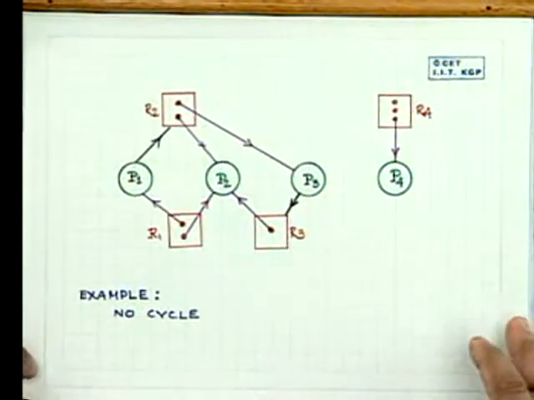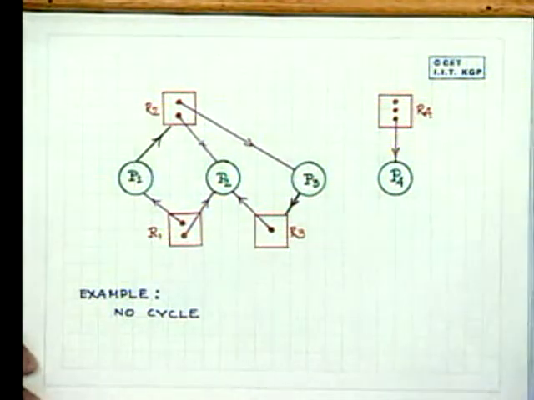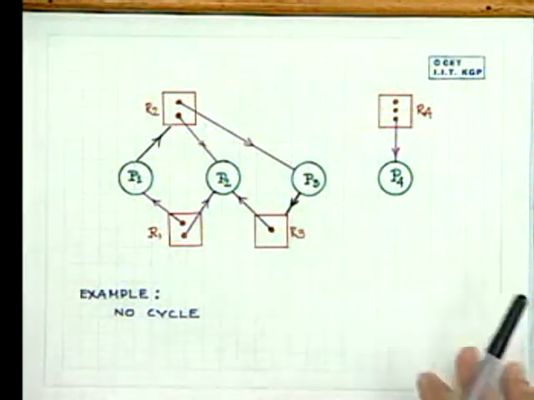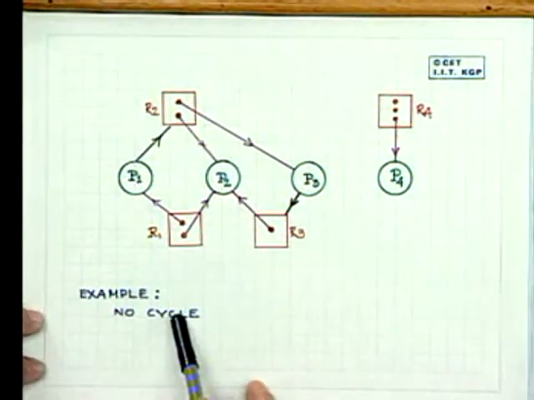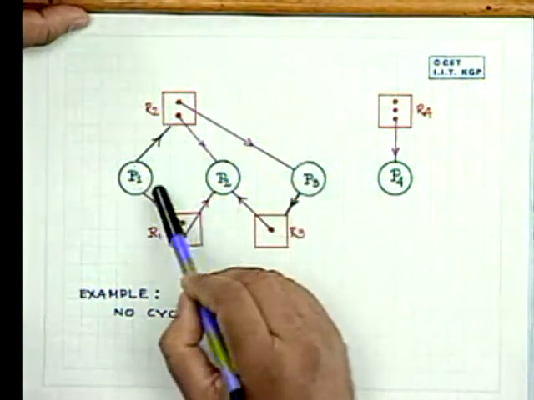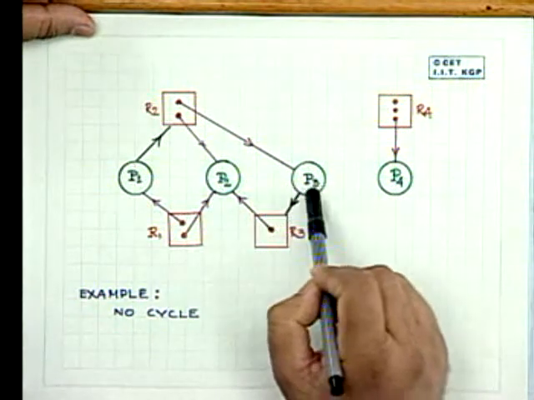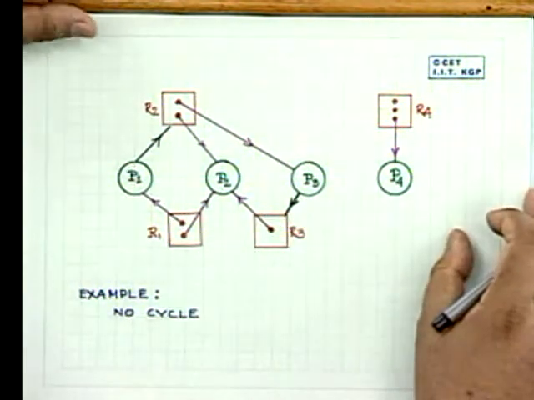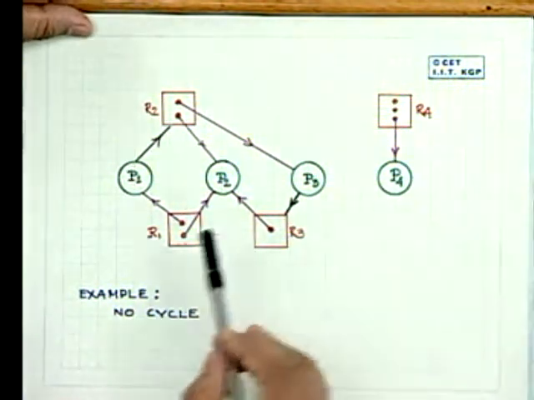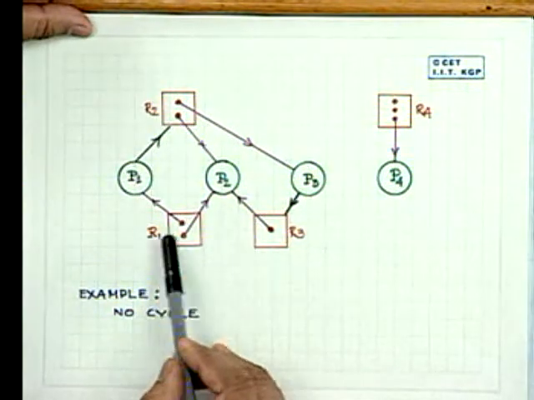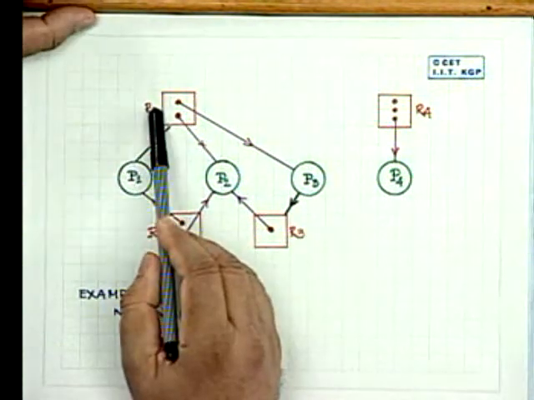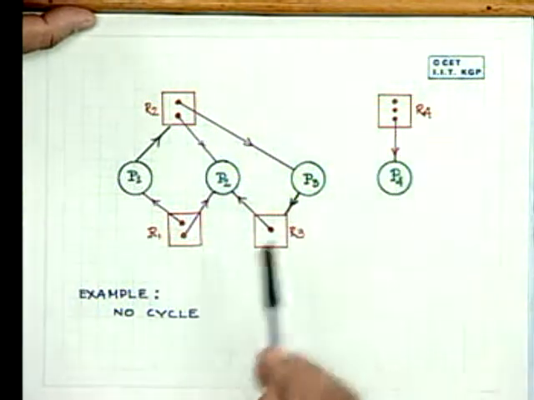Now, with these symbolisms and definitions, let us give an example of a resource allocation graph. Here you see that I have drawn four processes, P1, P2, P3, and P4. Four resource types are also there, say R1, R2, R3, and R4.